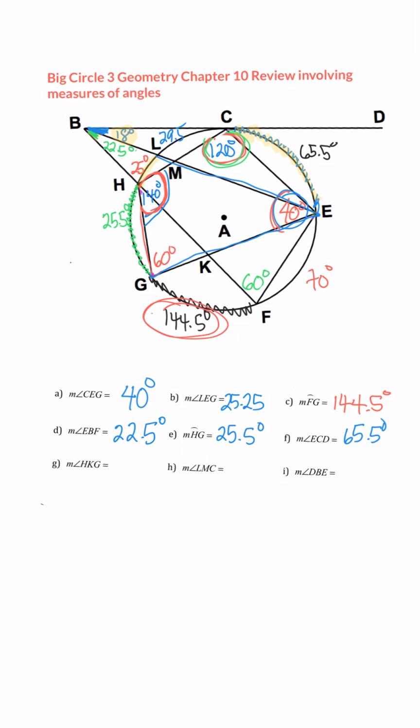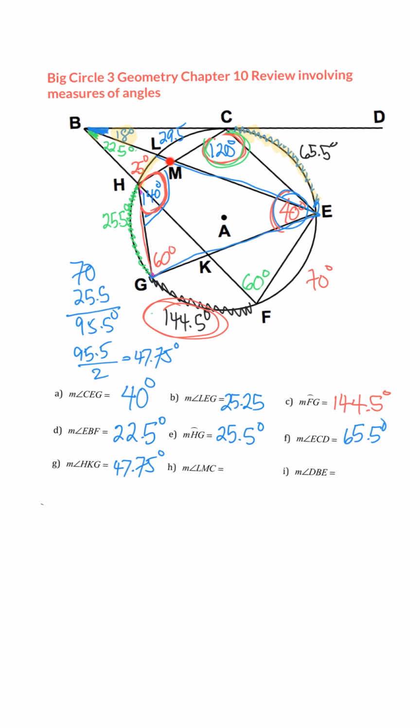So 70 degrees plus 25.5 degrees is equal to 95.5 degrees. Divide this by 2 is equal to 47.75 degrees. So this is 47.75 degrees.